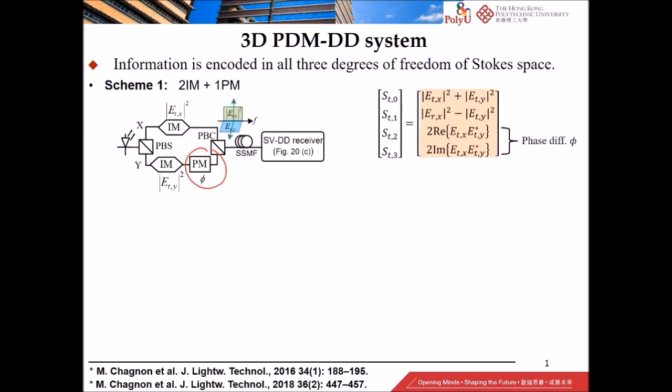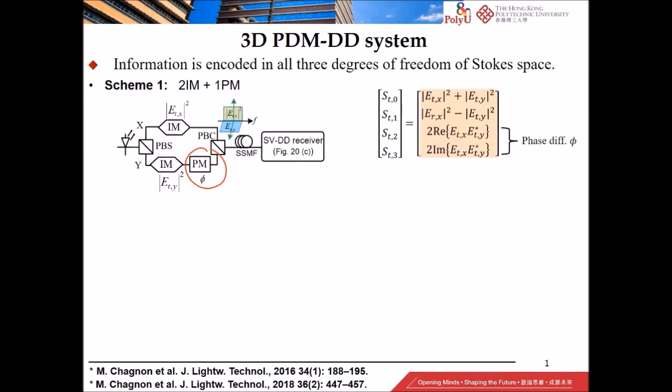Now the first scheme that achieves a three-dimensional POMAX direct detection system is basically just adding one phase modulator in one of the signal polarizations. So in this case, what we are detecting is the phase difference between signals in the 2 polarizations, so we call it the interpolarization phase.